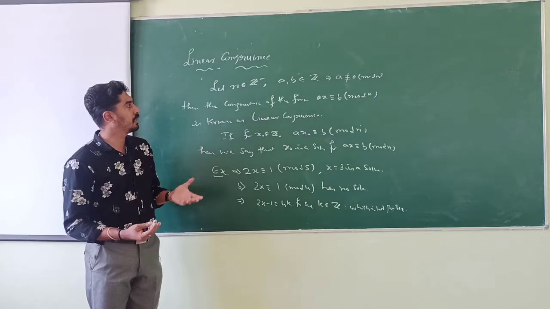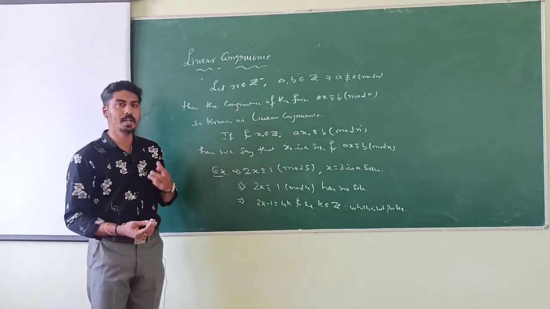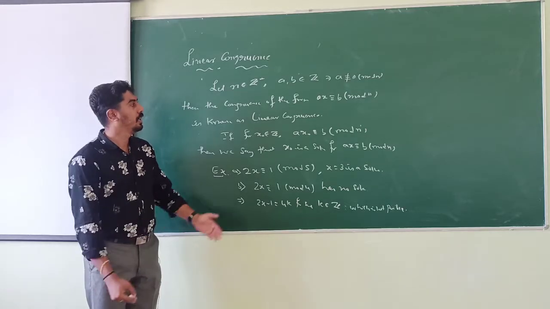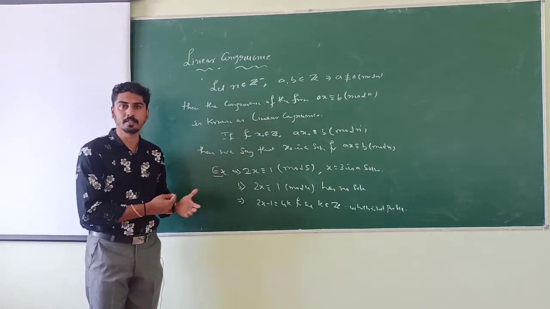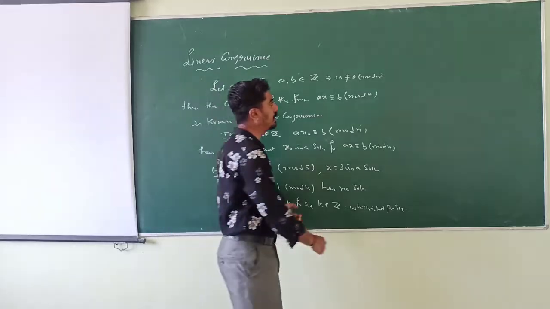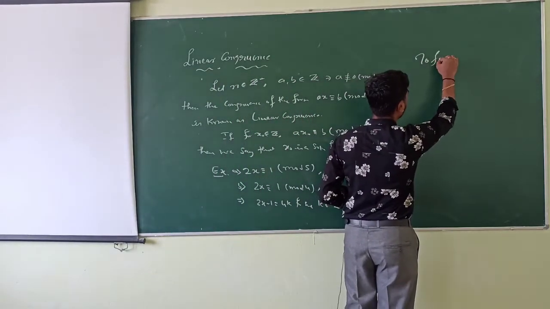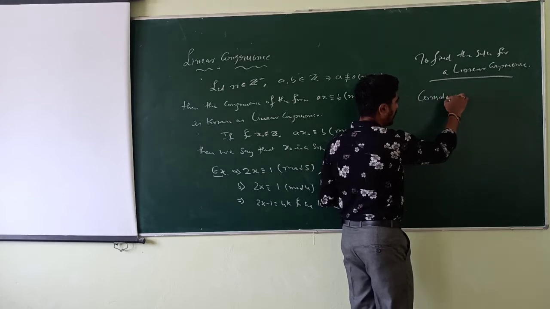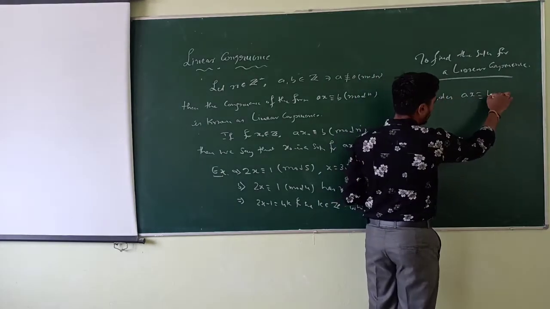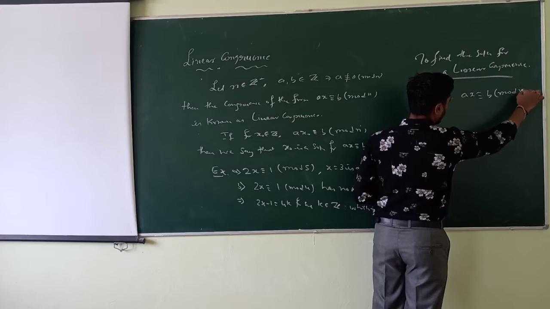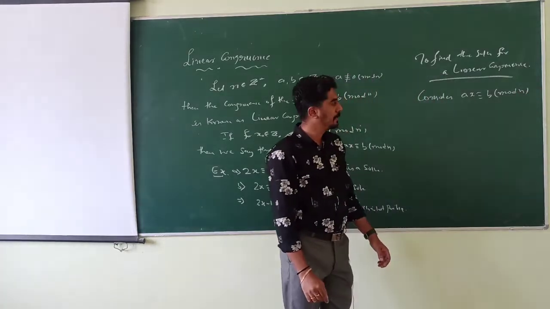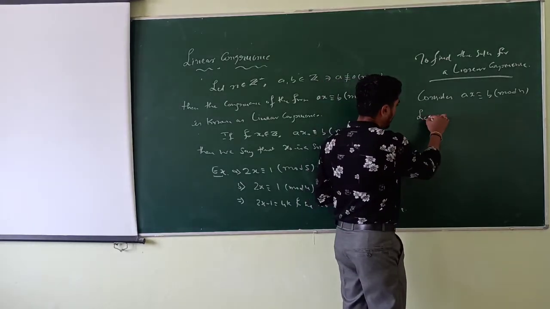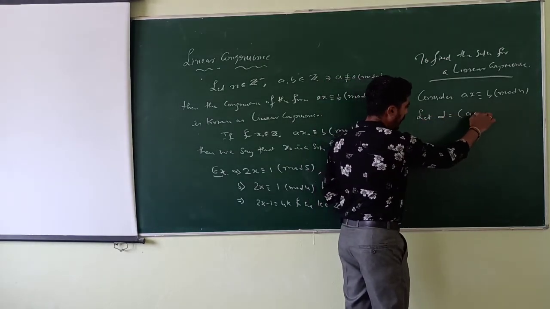Now let us learn, given a linear congruence, when does a solution exist, how many solutions exist, and when does a solution not exist. To find the solution, first consider a linear congruence ax congruent to b modulo n, and let d be the GCD of a and n.